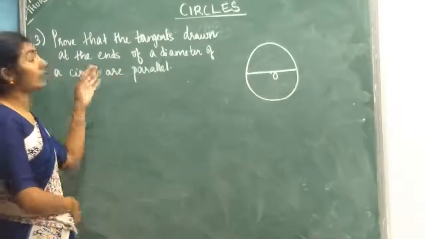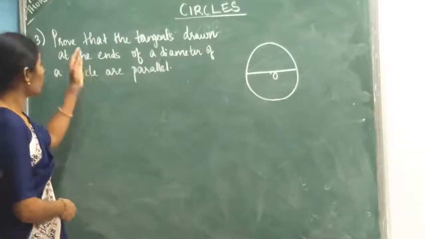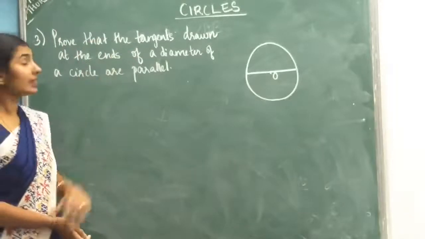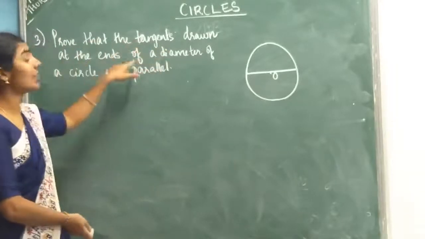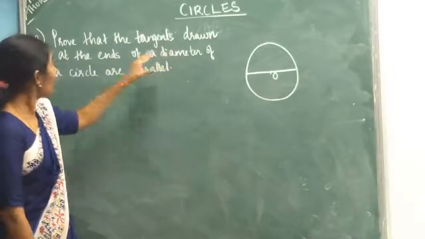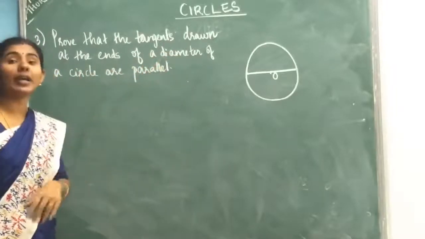You see, this is the question. Prove that the tangents drawn at the ends of a diameter of a circle are parallel.